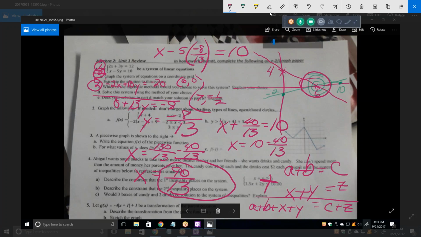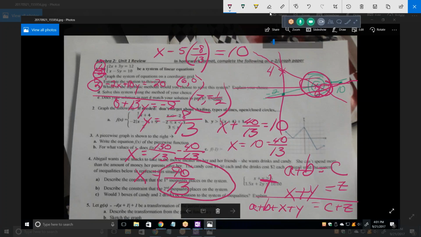Well, we weren't that far off. We guessed 6, 0, and you can see that I drew my green line with too much slope. It should have been drawn more like that to go through that point. Now you can see where they cross is closer to 7, minus a half.